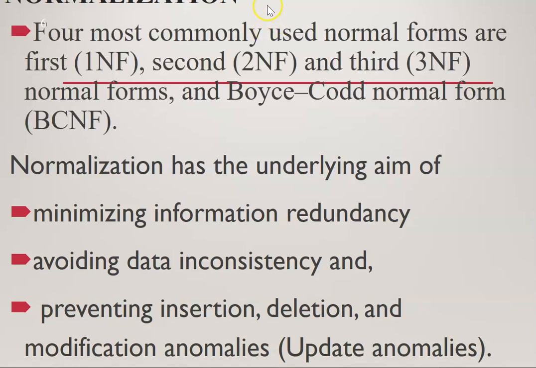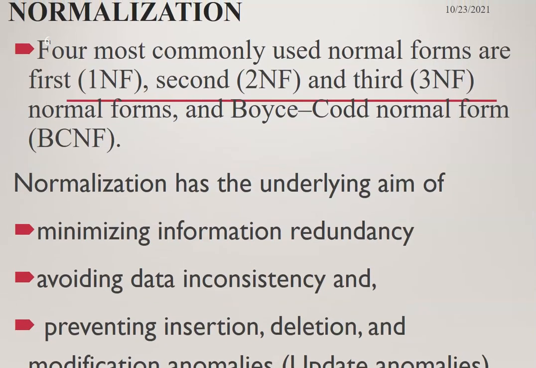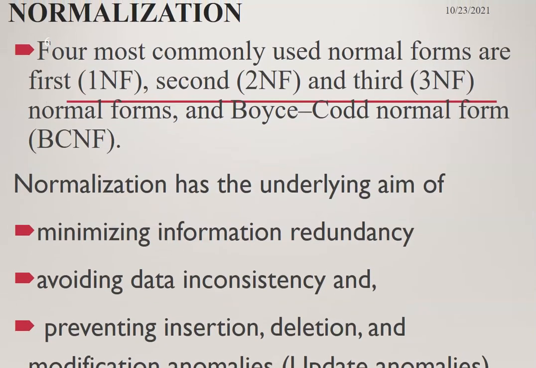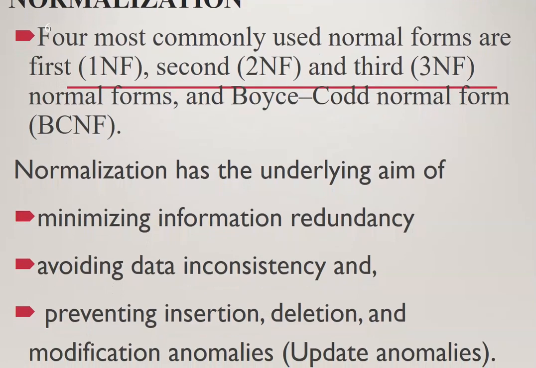So for normalization, the four most commonly used normal forms are the first, second, third, and then Boyce-Codd. The underlying aims of normalization are, one, to try and reduce redundancy, and also to a certain level minimize data inconsistency, and then also try to avoid or prevent any kind of anomalies that may pop up as a result of the redundant data.